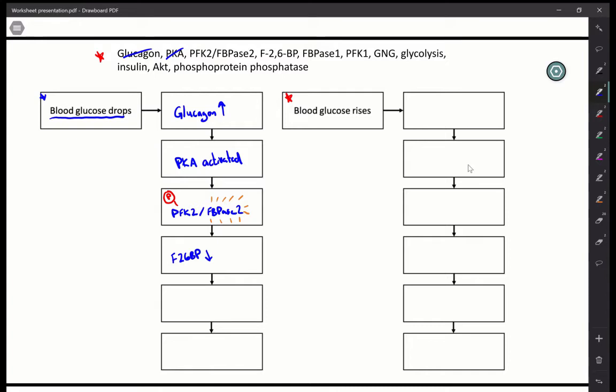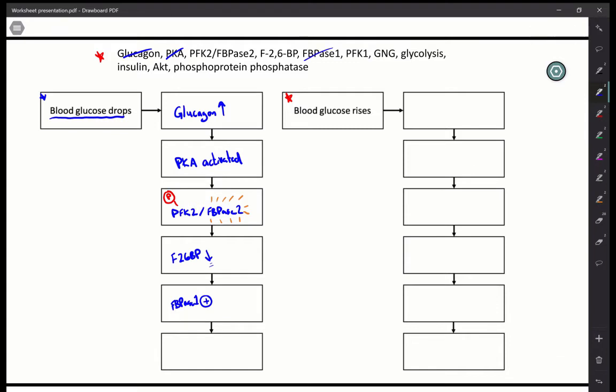So we see here a falling of F26BP, which means FBPase1 is going to be, and I'll put a little plus sign here, activated. So we can actually come up here and cross this off.